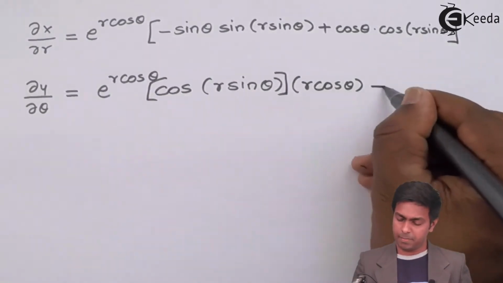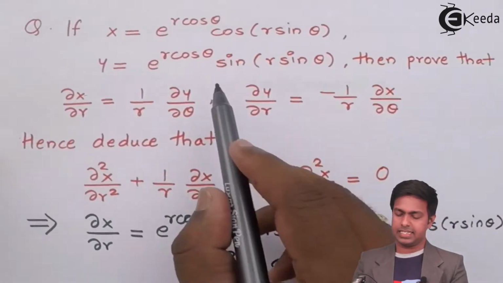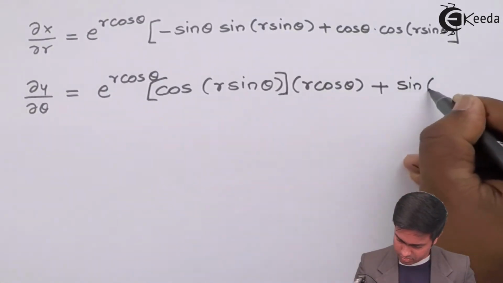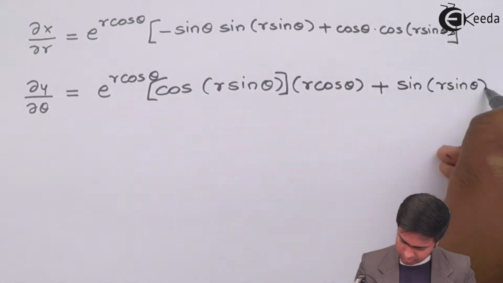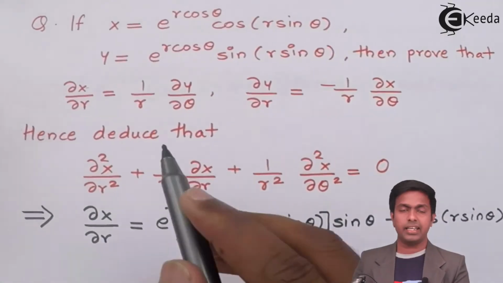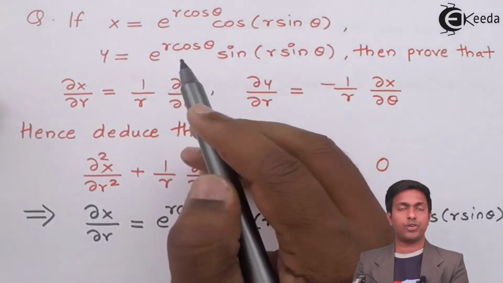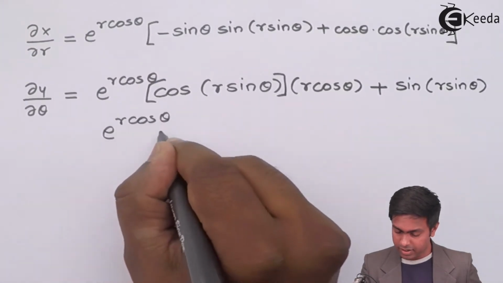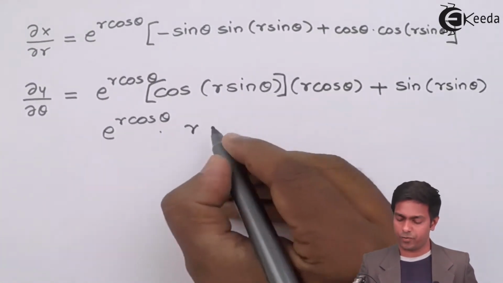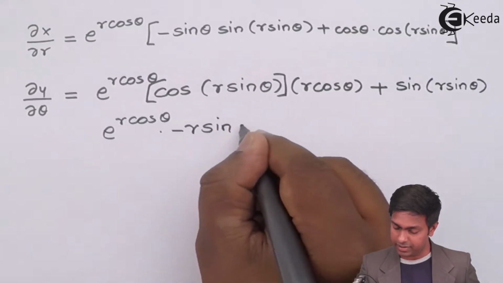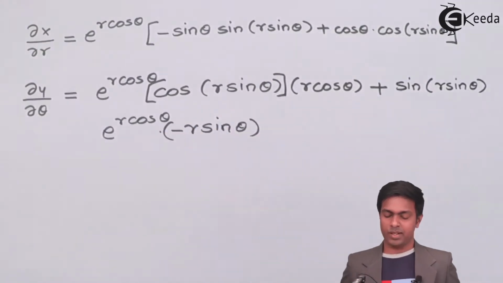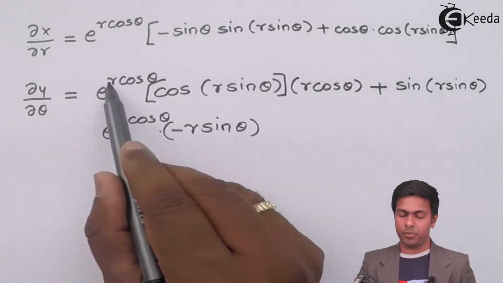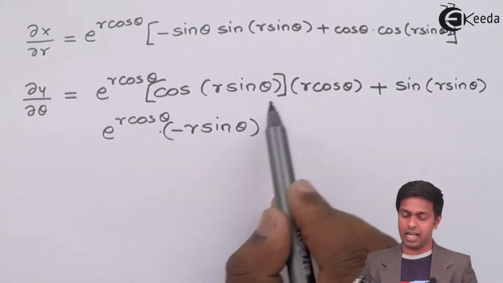Now plus this sine of r sine theta as it is, and the derivative of e to the power r cos theta with respect to theta is e to the power r cos theta into r as it is, and the derivative of cos theta is negative sine of theta. Now from this value again we can take e to the power r cos theta common and r common.